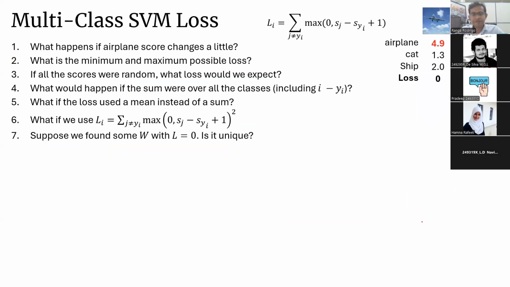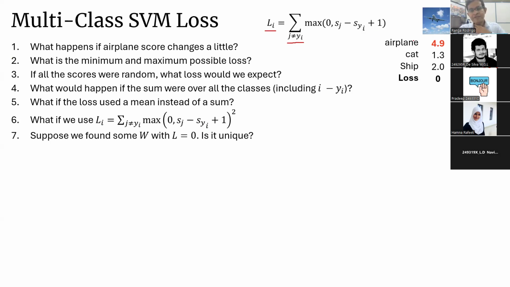Okay. All right. Now here are some questions. I will go through these questions and answers quickly, but you will have to spend time to think about this. So again, the loss for that example is loop over other incorrect classes, maximum 0, Sj minus Syi plus 1.